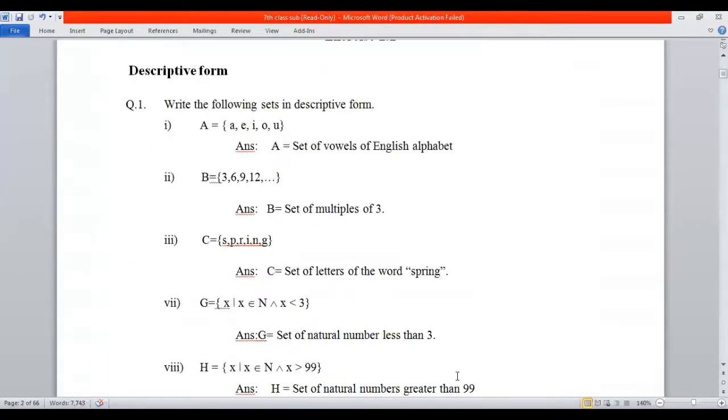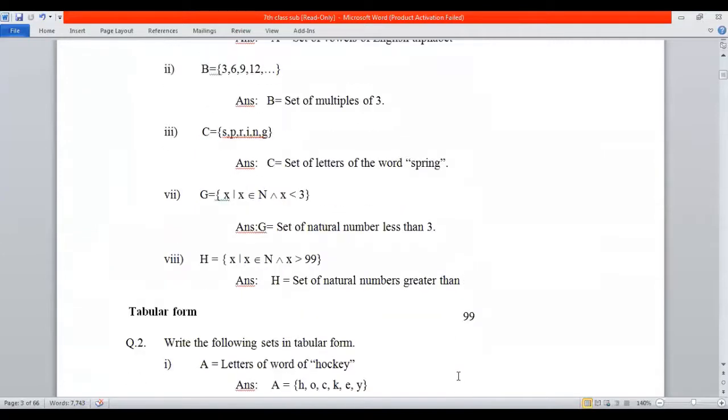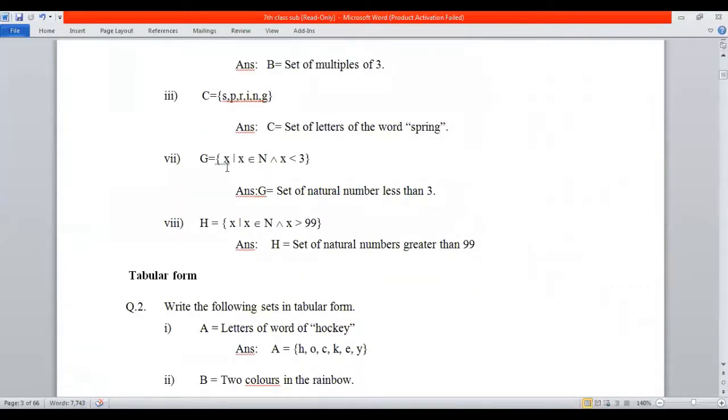So now come to the seventh part. X such that X belongs to natural numbers and X is less than 3. So what are they saying? It means that the set contains natural numbers.